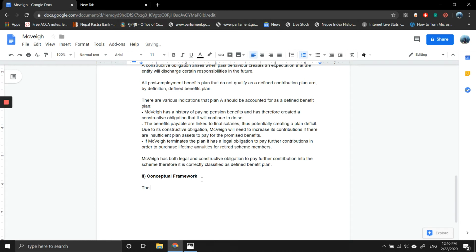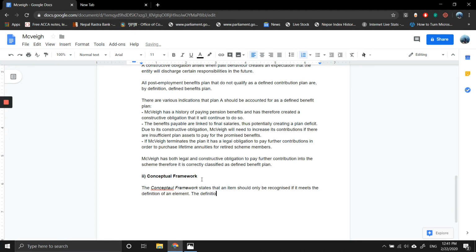The conceptual framework states that an item should only be recognized if it meets the definition of an element.